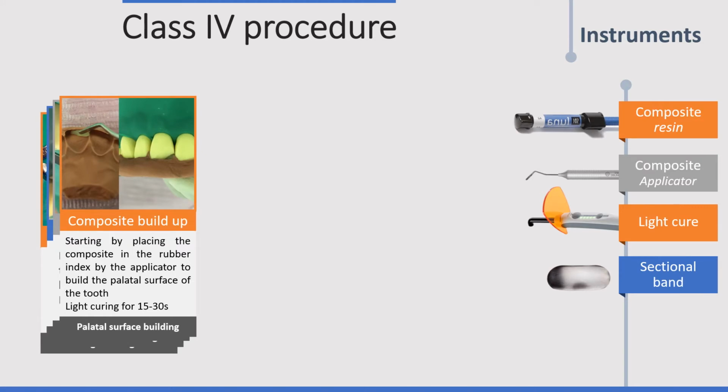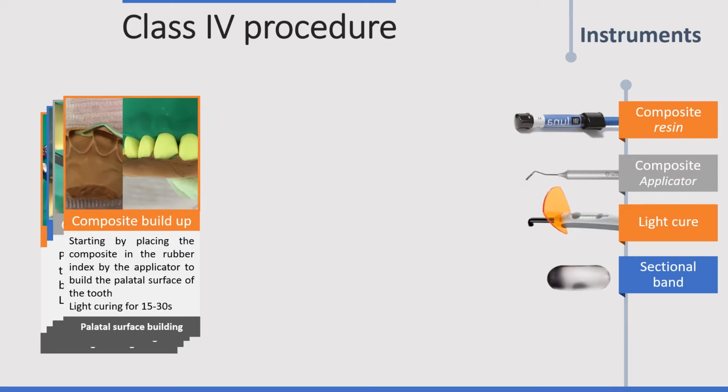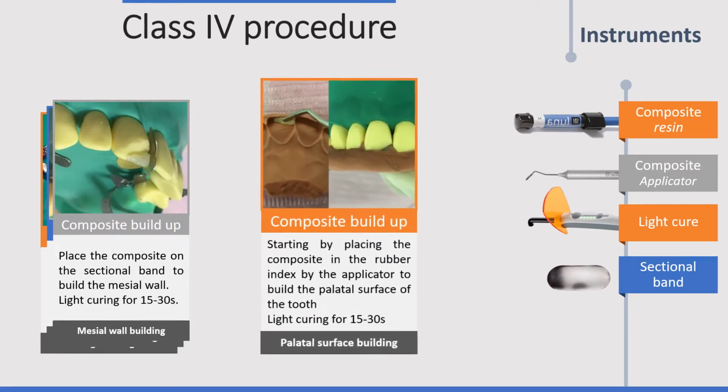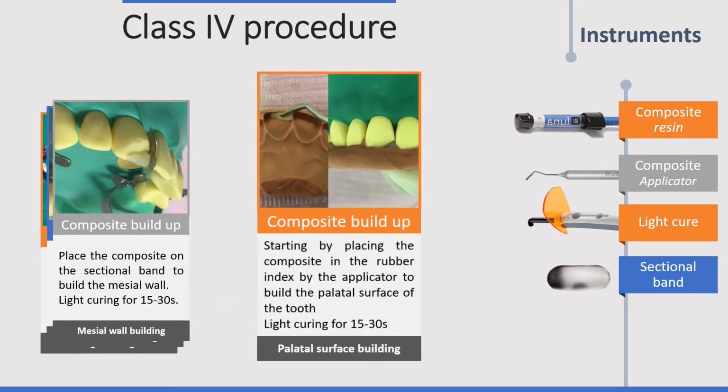For composite buildup, we will need composite resin of the previously selected shade, composite applicator, light cure, and sectional band. Firstly, we use the index for palatal surface buildup using the composite applicator, then adapt it to the tooth and cure for 15 to 30 seconds.